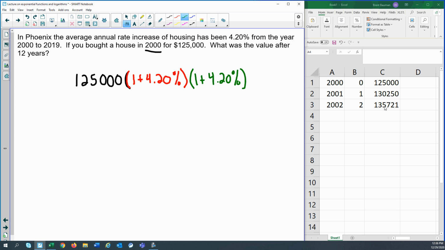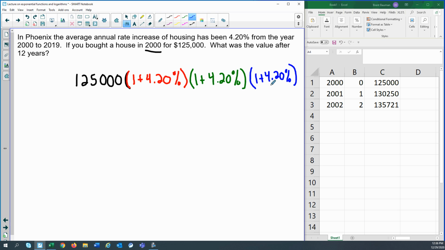And that gave us the next year. And then for year 3, we could again take this and multiply by 1 plus 4.20%. And that should give us the next value. Hopefully what you see happening here is we're just multiplying each step by this 1.420%.